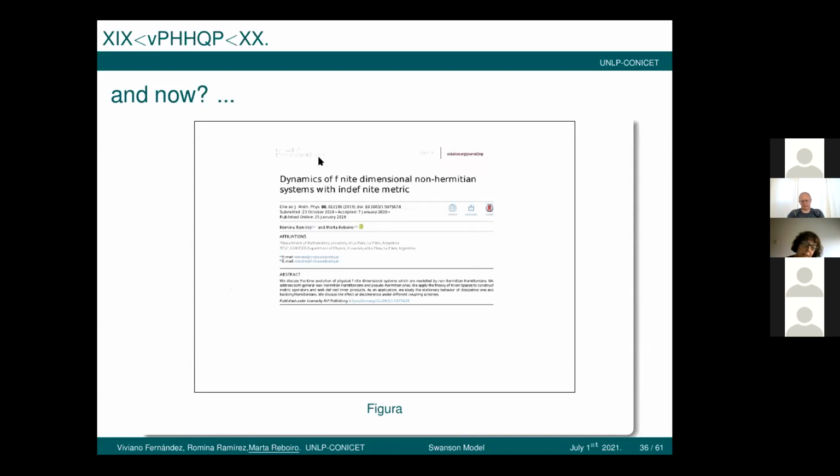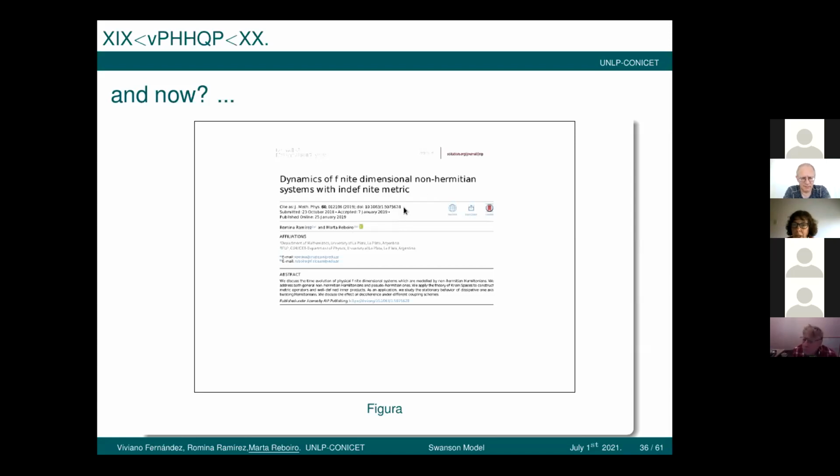So we spent some time studying a system with finite dimension, a non-Hermitian system, but where the metric, the symmetric operator between H and its adjoint, was not positive definite. So we work in the framework of Krein space, and then we said, well, what happens with Krein space in systems with a finite dimension?